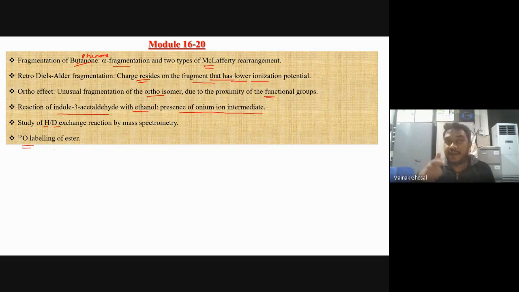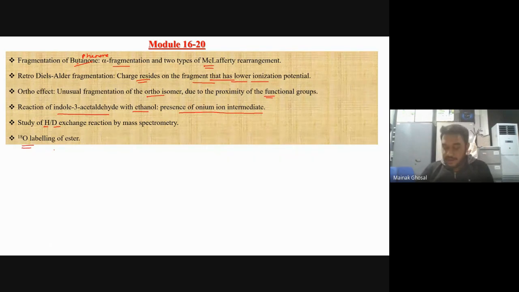Whenever you fragment the ester, the carbonyl part will be fragmented separately, and if you measure the molecular weight of this carbonyl part, you will see that it differs for O16 and O18. From there you can say whether the carbonyl oxygen or the OR oxygen is the 18-labeled oxygen. Okay, so these are the things you can do using mass spectrometry.